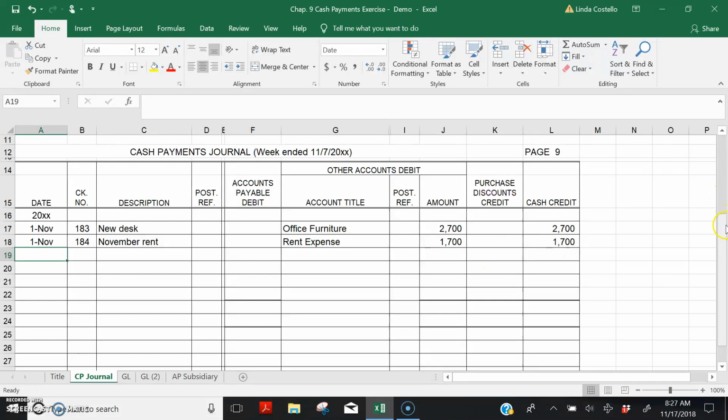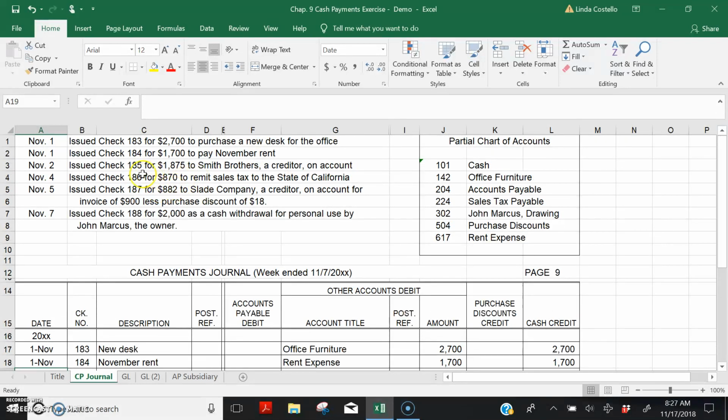On November 2nd, we issued check number 185 for $1,875 to Smith Brothers, a creditor, on account.